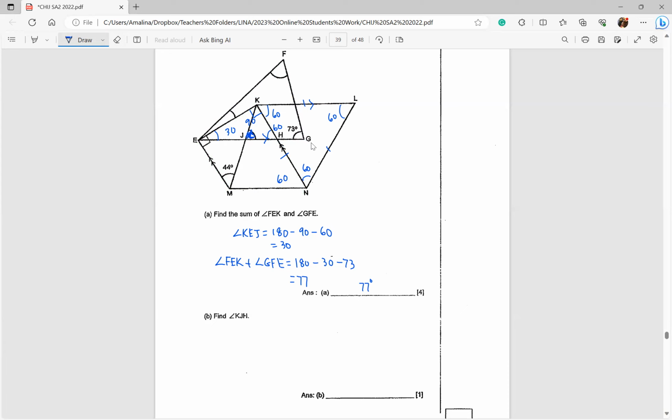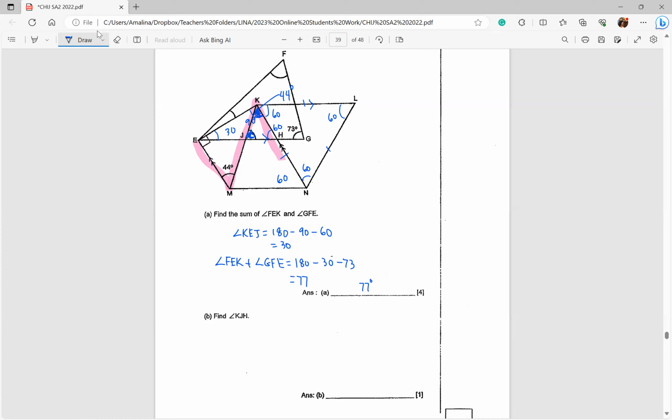Okay, so if I look at this alternate angle, this one, okay, you see this alternate angles. If this angle is 44, means this angle here is also 44 degrees. Correct, your angle JKH. So this is 44, this is 60.